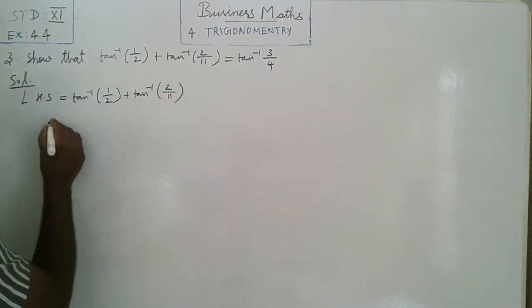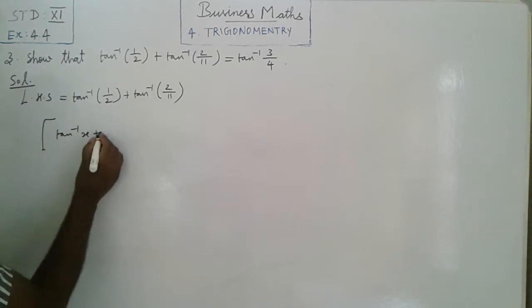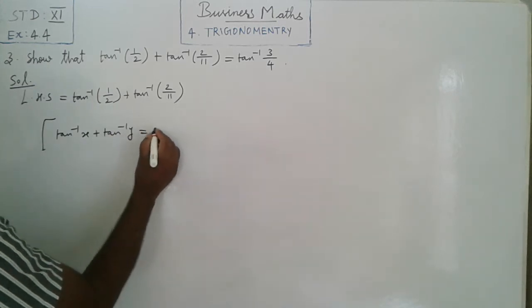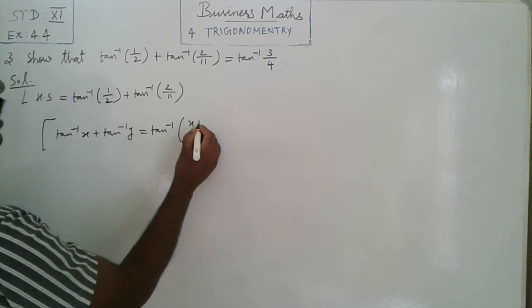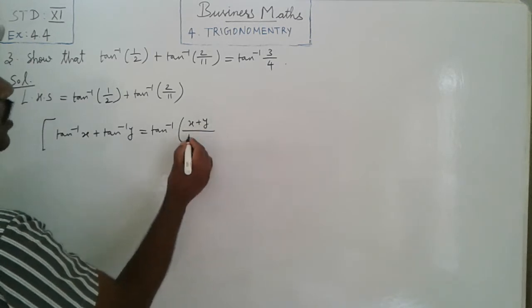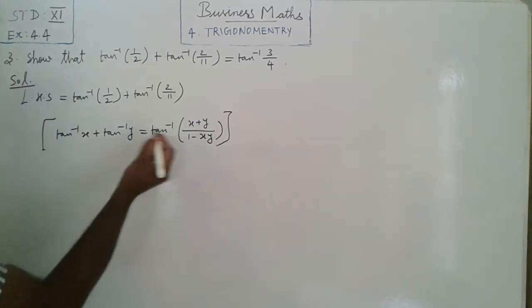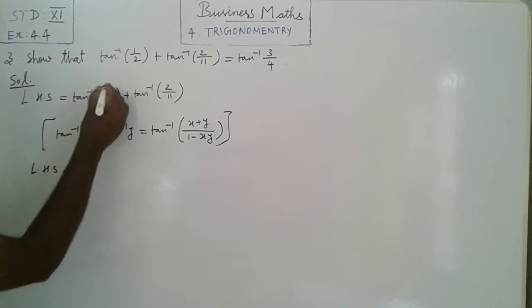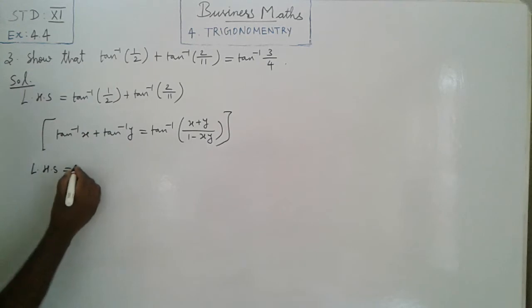We know the formula: tan inverse x plus tan inverse y equals tan inverse of x plus y divided by 1 minus xy. So we substitute this formula. LHS equals tan, x value is 1 by 2, y value is 2 divided by 11.